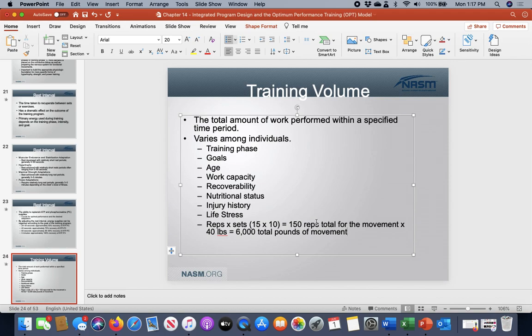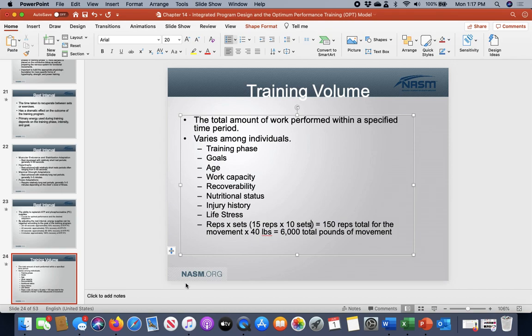This is rep volume. Repetition volume is 15 times the 10. 15 reps, just so we have clarification. And 10 total sets of the exercise movement was equivalent to 150 reps total. But if each one of those sets had 40 pounds as the weight, that's 6,000 total pounds. Okay, that's what we're very much interested in.